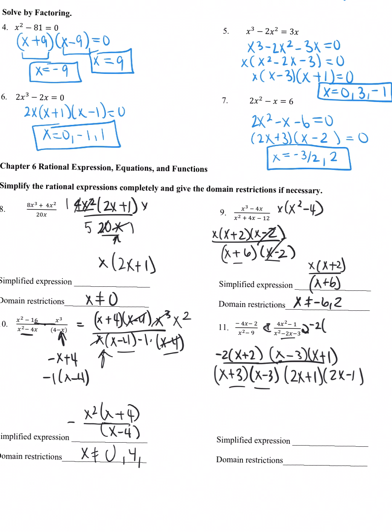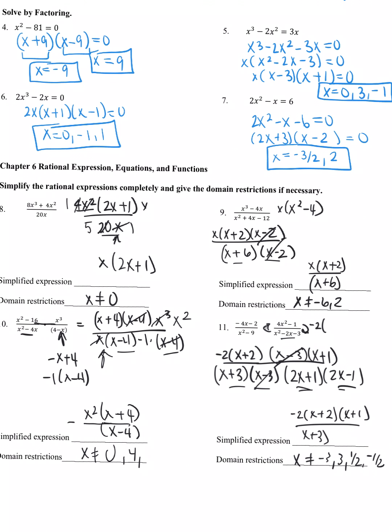You can see I have 4 domain restrictions. X cannot be equal to negative 3, positive 3, 1/2, and negative 1/2. Those fractions are coming from that, subtracting, adding, dividing. And these go away. Wow, that's messy. And what I'm left with is a negative 2, x plus 2, x plus 1, x plus 3.